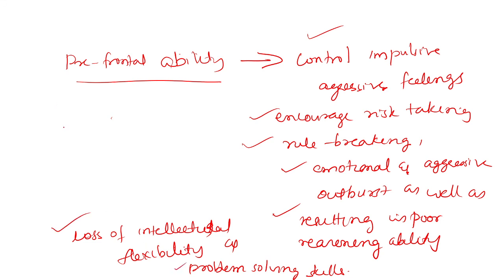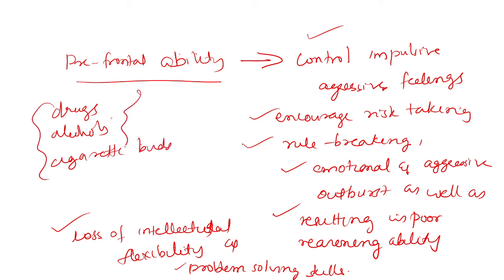This can lead to failure to go to school. And risks to the developing brain arise even before birth, because of drugs, alcohol, and cigarette use. These are the risk factors for the developing brain, before and after birth.